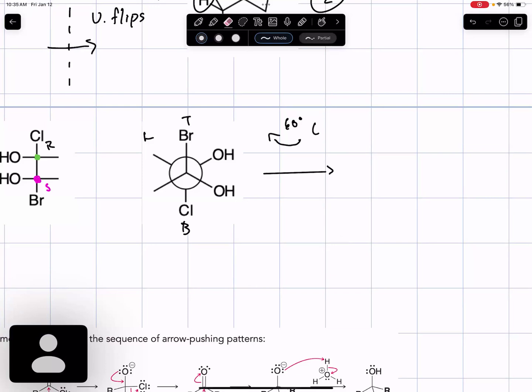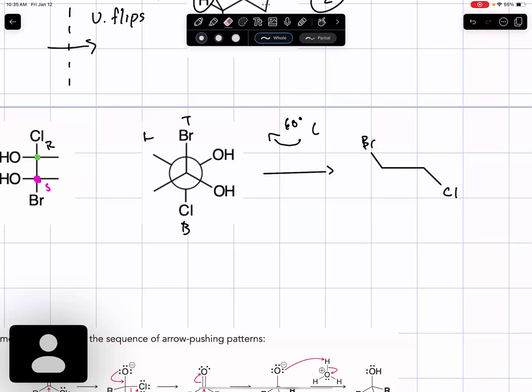So on top, I'll draw it like this. This is going to be bromine. This is the carbon. Here's another carbon. And this is chlorine, right? So on the first carbon, on our Mercedes-Benz logo at the beginning, at the front carbon, this would technically be carbon number 2, but whatever.